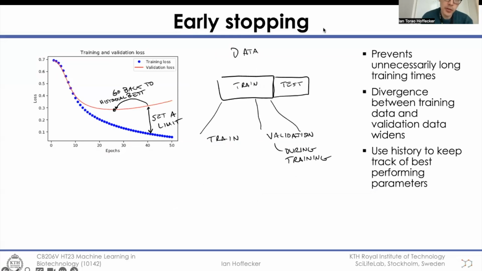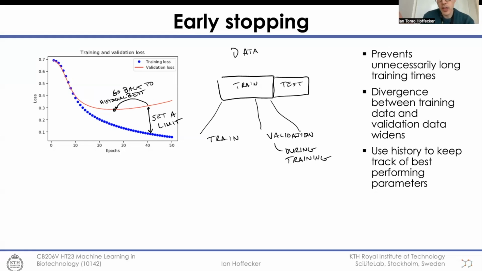So this is one of the first tools in the toolbox. And the idea is that we're going to set some thresholds. So we're only going to allow this validation loss function to go up a certain amount. And if it hits that amount, we're sure that it's probably not just noise at that point, that what we're looking at is the beginnings of overfitting.